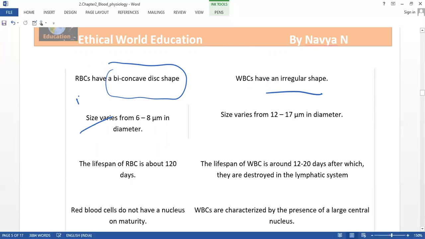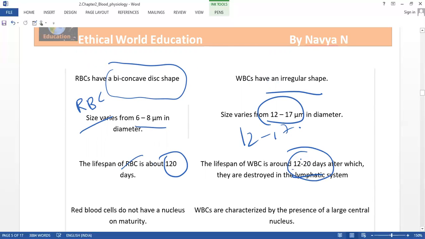The size of RBC varies from 6 to 8 micrometer in diameter, but WBC vary from 12 to 17, which is also a major difference. The lifespan of RBC is about 120 days, but for WBC it is very much less, about 12 to 20 days.